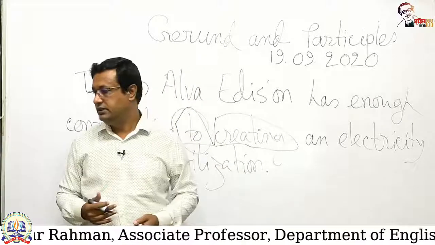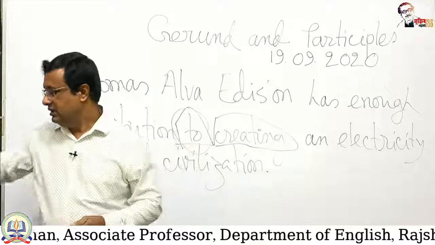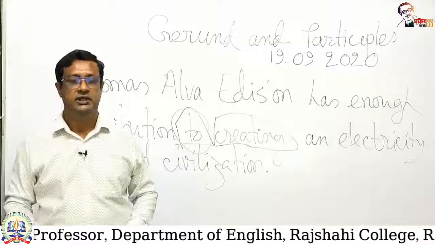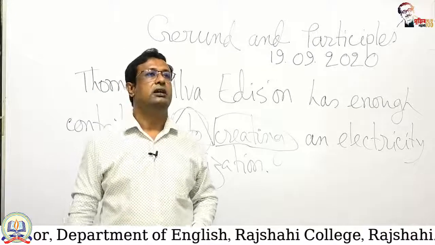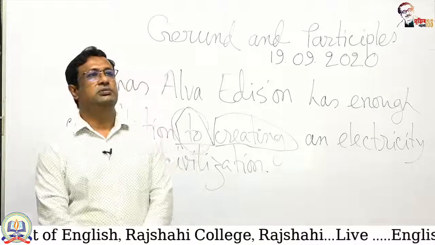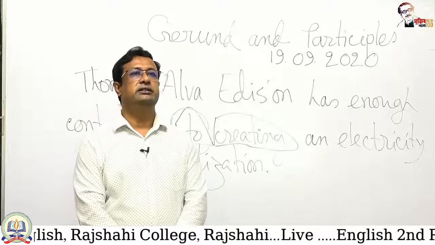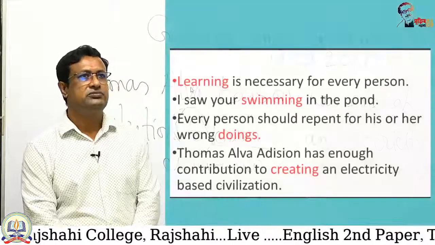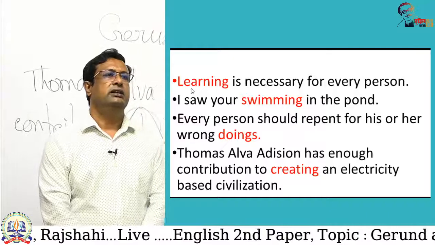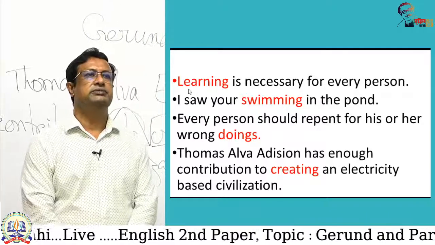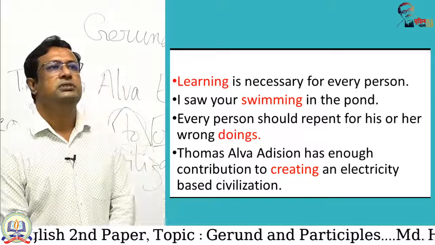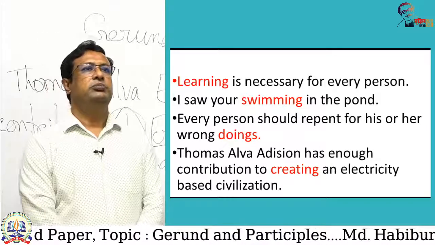Okay, so dear students, notice the examples again on the screen. Firstly, I have told you learning is necessary for every person. Here learning is a subject and learning is a noun. I saw your swimming in the pond.